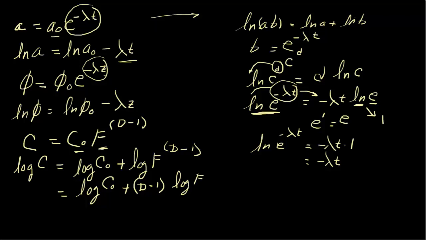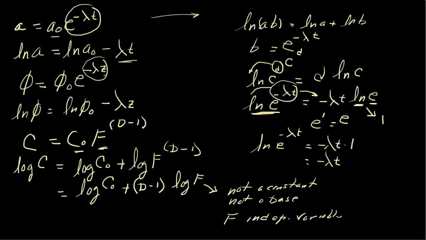Now, F in this case is not a constant, and it's not a base. It's our independent variable. So we pretty much have to leave this in here. In this linear relationship, log of F is our independent variable.